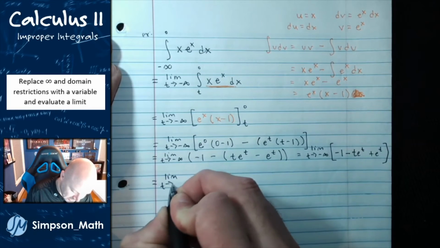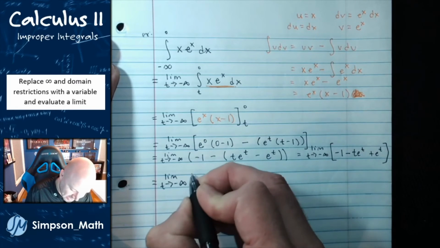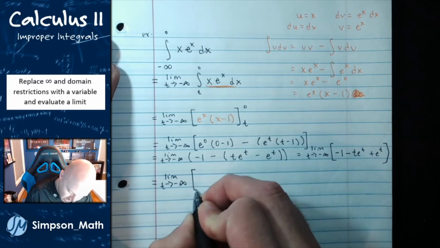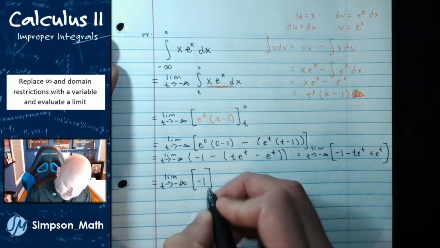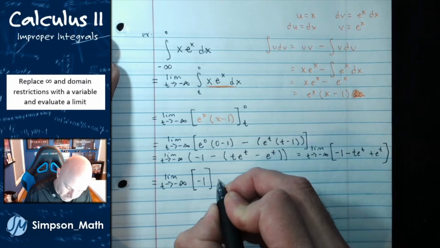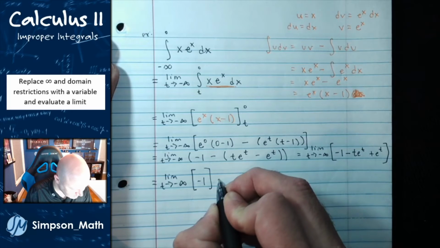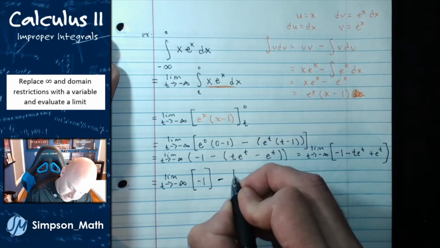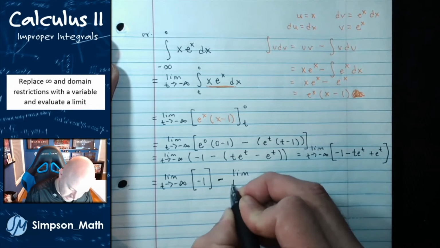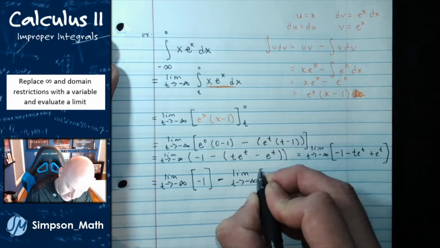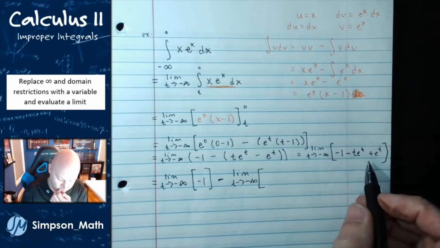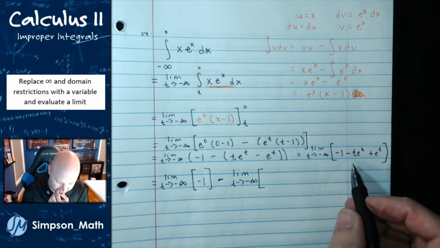The limit as t approaches negative infinity of negative 1, I want to say minus, the limit as t approaches negative infinity of, now pull out a minus sign.